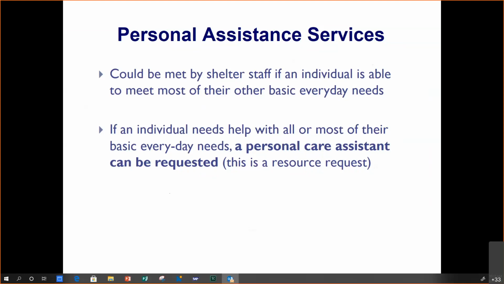And it's important, like we mentioned yesterday, that your role as a fast responder is not to provide those personal assistance services. It's to provide that resource request so that that individual can have the assistance that they need to maintain their independence in a general population shelter. Okay, next slide.